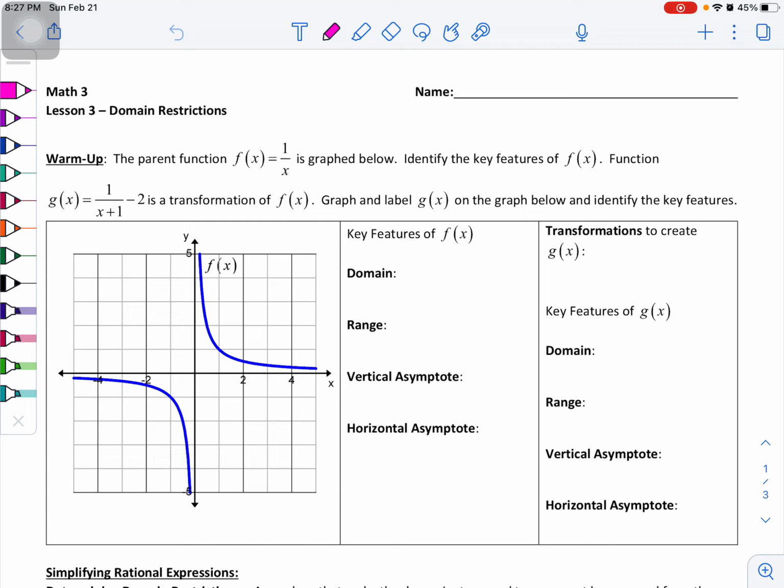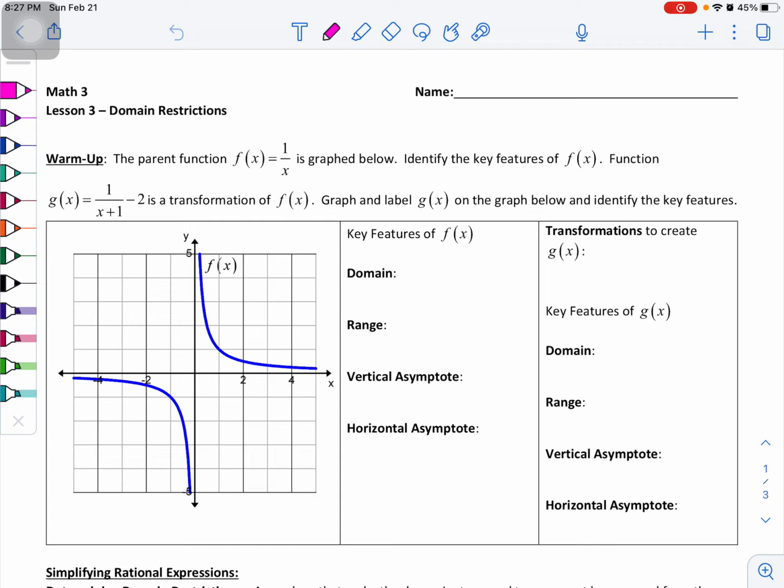So because it's going through the origin, we've got zeros on both ends. Now, if this helps, and I'm going to zoom in just a little bit here, you may want to mark negative infinity on the far left side of the x-axis and positive infinity on the far right. You can do the same thing for your y-axis. And the reason I do this is it helps me read my domain.